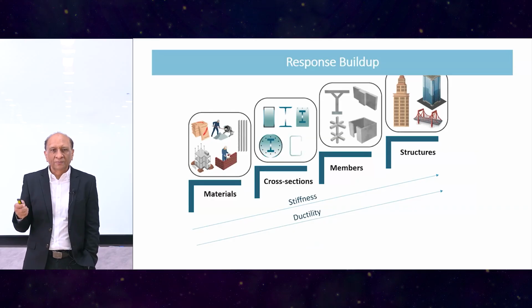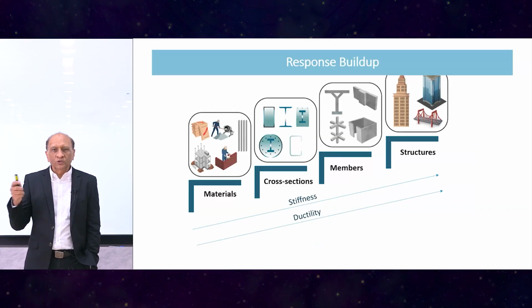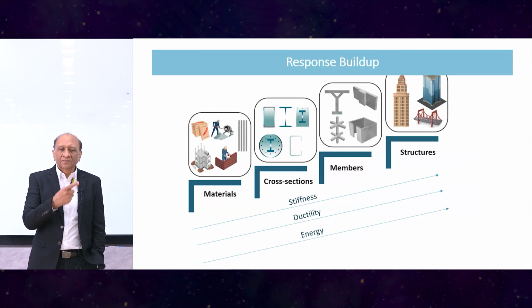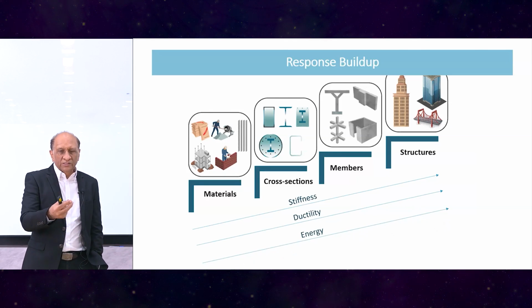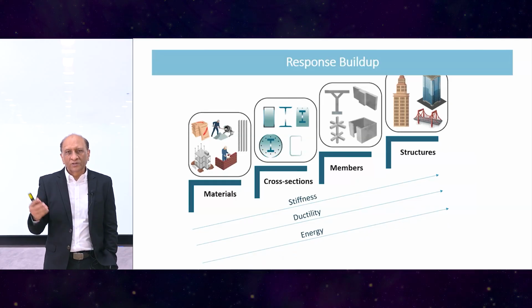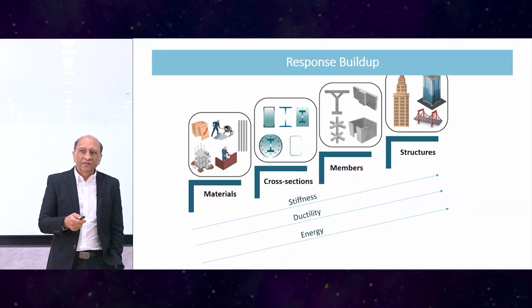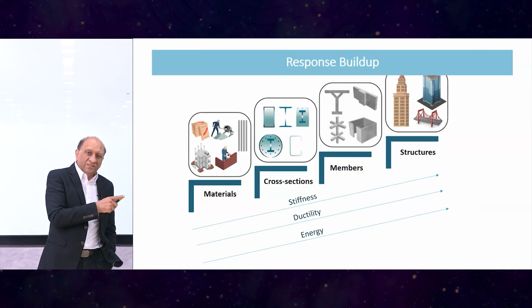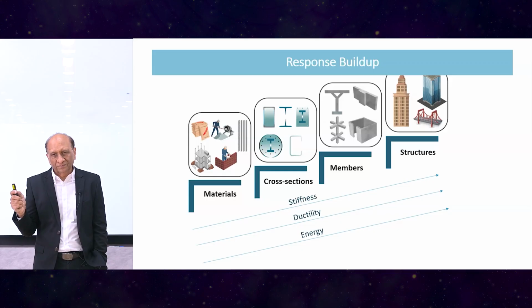Similarly, ductility is built up the same way: material ductility to structural ductility. And the energy from material level energy, which is the strain, all the way to structural energy that we can evaluate. So we have the build-up of the response from the material upwards to the structure.